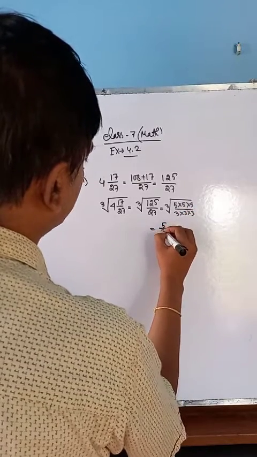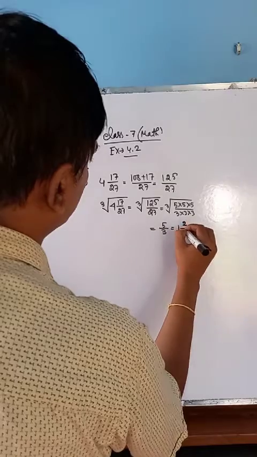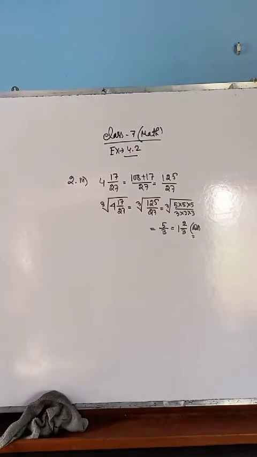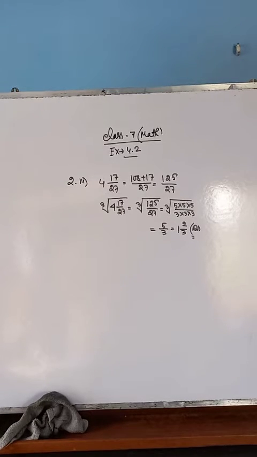So 5 by 3, which is 1 whole number 2 by 3. This will be your answer, 1 whole number 2 by 3. In this way you can solve all the problems.